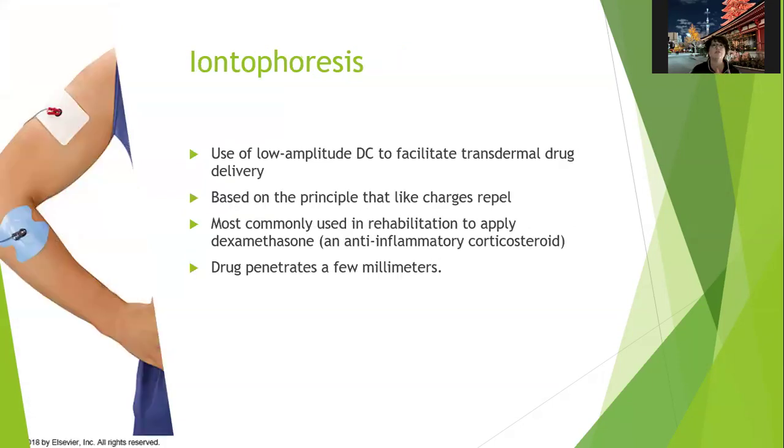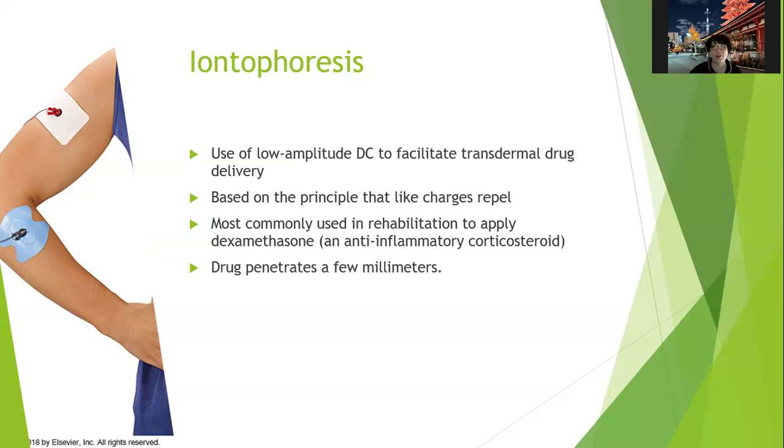So iontophoresis uses low amplitude direct current to facilitate transdermal drug delivery based on the principle that like charges repel. And it's most commonly used in rehabilitation to apply dexamethasone, which is an anti-inflammatory corticosteroid. It has a negative charge. I've looked it up enough times.